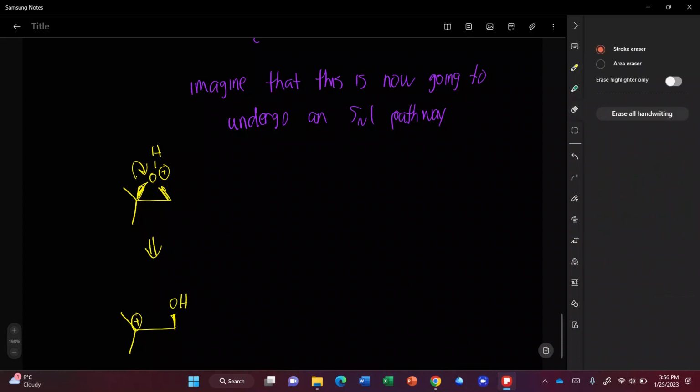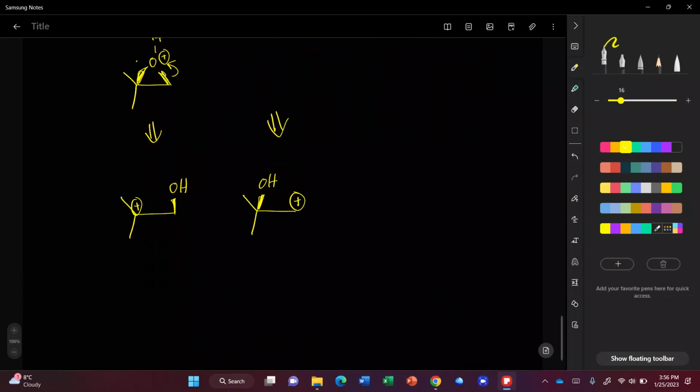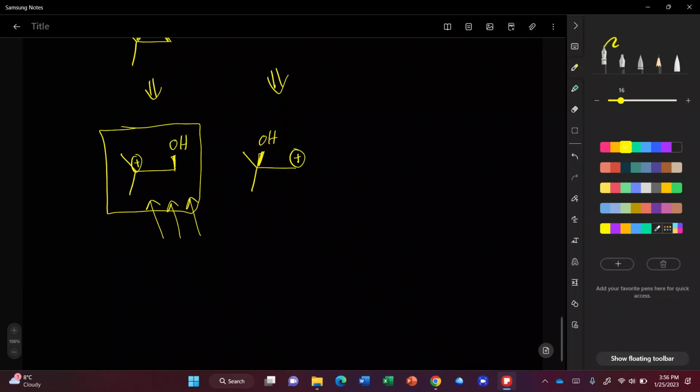Let me erase this arrow. If I broke the bond on the right, so if I made this one the leaving group, then I would get this carbocation. And hopefully you remember that this carbocation is going to be much more stable, and so this is going to be the preferred pathway.